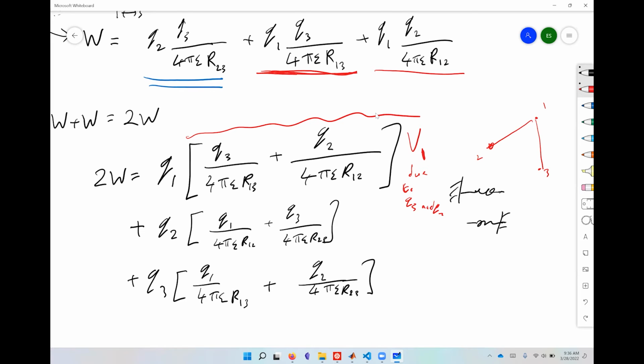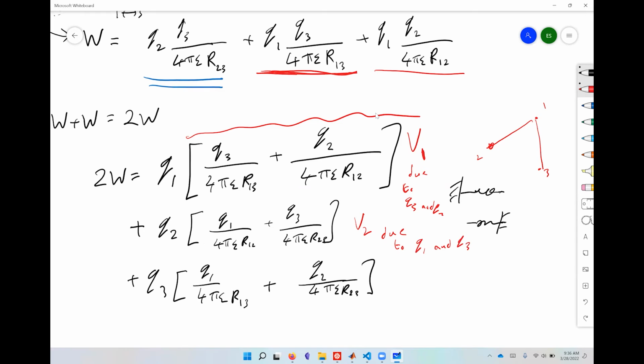What is this? Here I'm seeing the distance from 1 to 2 and the distance from 3 to 2. And then I have Q1 and Q3. This is the voltage at the final position of charge 2 due to Q1 and Q3.